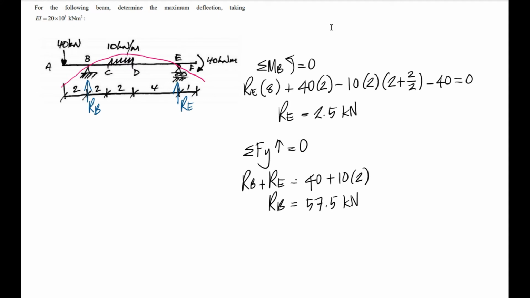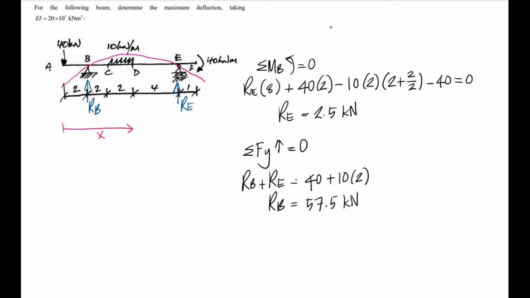In this problem, you can choose to cut from either the left or the right. In this case, I will cut from the left to the right.